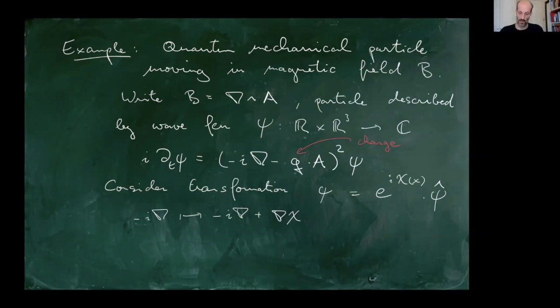But then we can actually undo this by changing A into A minus 1 over Q gradient chi. If I call this A hat, they just end up obeying exactly the same equation again.